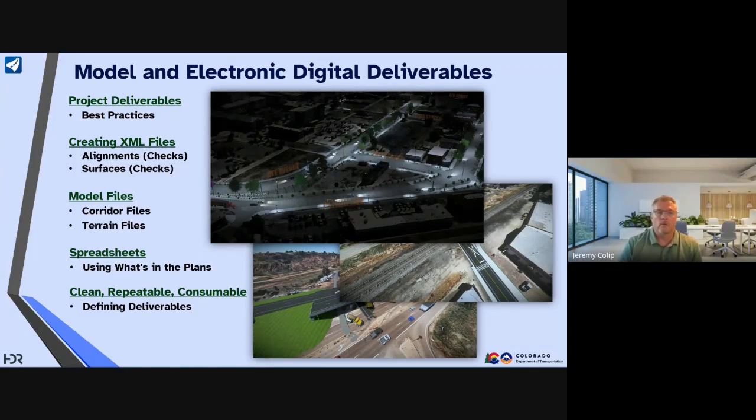But again, I don't want the digital deliverables to make anyone nervous or scare people off. We are already, for the most part, doing a lot of this. It's just more having those best practices and having that consistency on how we're doing things and the output. What is the output? How are we delivering that? That's really what this is going to boil down to.